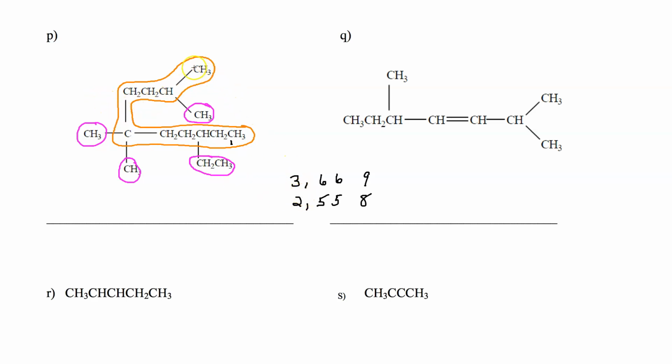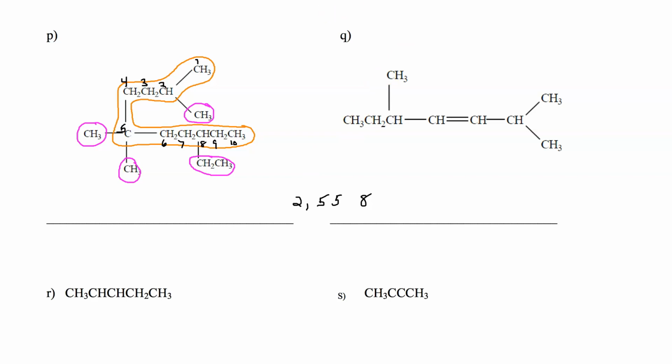If I number 1 through 10 this way, that gives me a 2, a 5, 5, and then an 8. If I number the other way, it gives me a 3, 6, 6, 9. And remember, the IUPAC naming system is based, by convention, on the lowest numbered possible positions for your attaching groups.